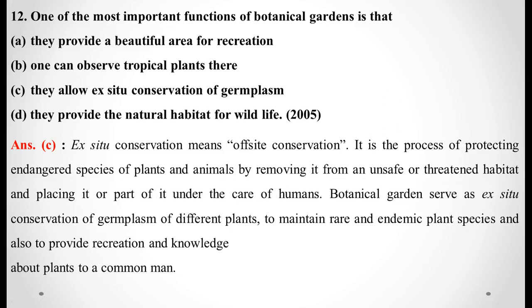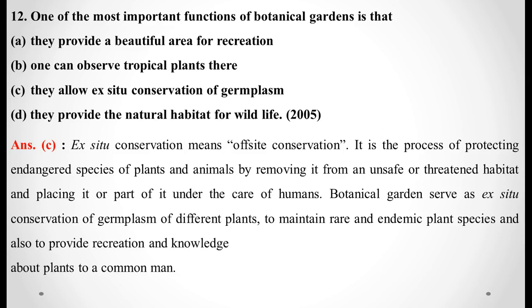It is the process of protecting endangered species of plants and animals by removing them from unsafe or threatened habitat and placing them, or part of them, under the care of humans, that is, removing them from their unsafe or original place and placing them in a safe place under the care of humans.